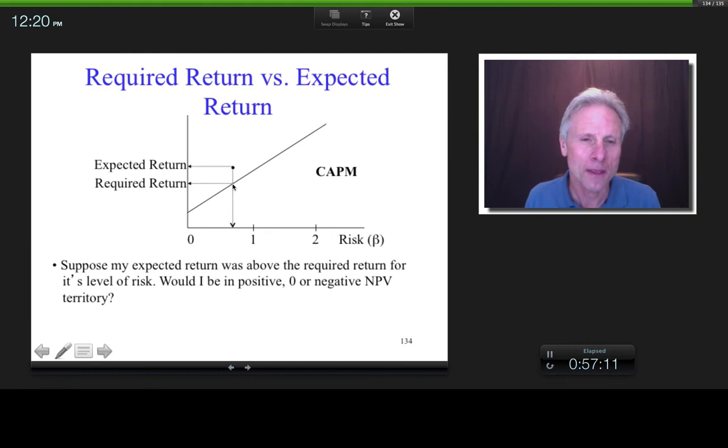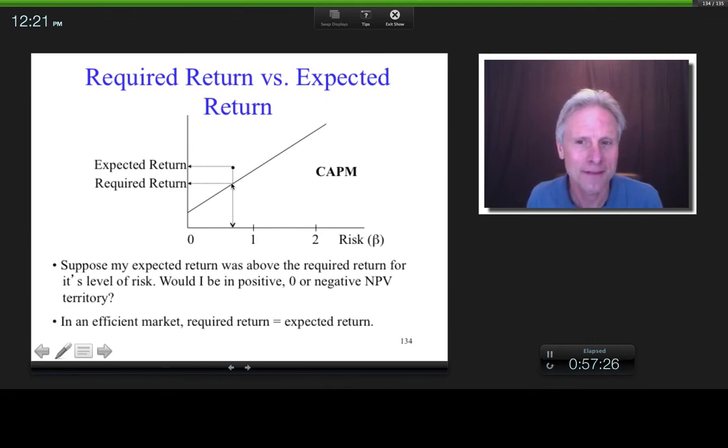And if you personally believe that what you expect is what is required, then are you essentially believing that Apple is efficiently priced? You are, right? And so basically, if you believe the market's efficient, your expected return will be the market's required return.